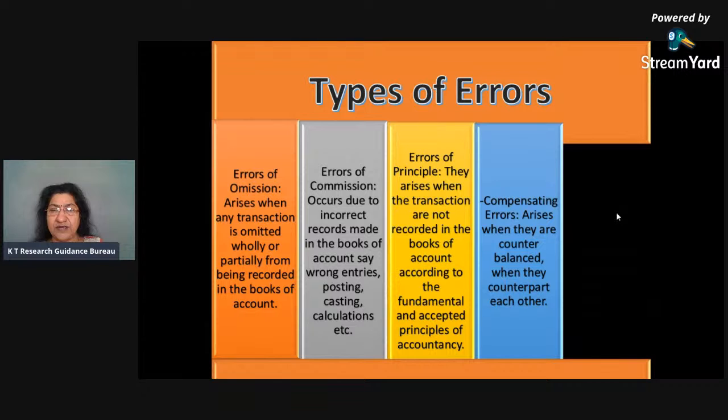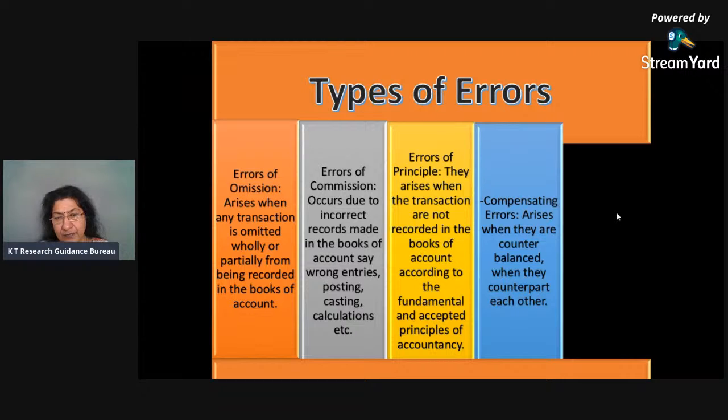Then compensating errors, like compensation. This sort of error arises when they are counterbalanced. Suppose you have to pay 2000 rupees to one party and you paid, but you mention only 1000. So here 1000 payment is less.